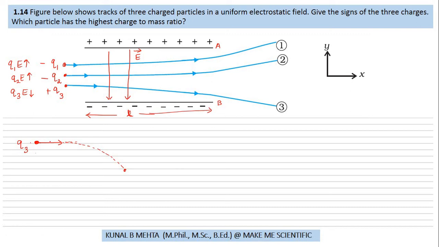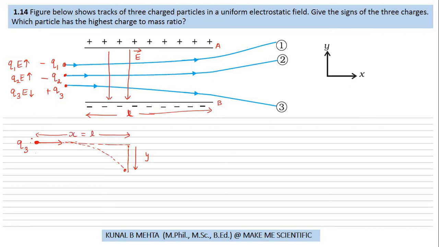Now if you look at the displacement of the charge, it has got two components, one along y-axis and one along x-axis. So the displacement is along negative y direction. I am going to call it as y, and in the x direction its displacement is equal to the length of the plate.